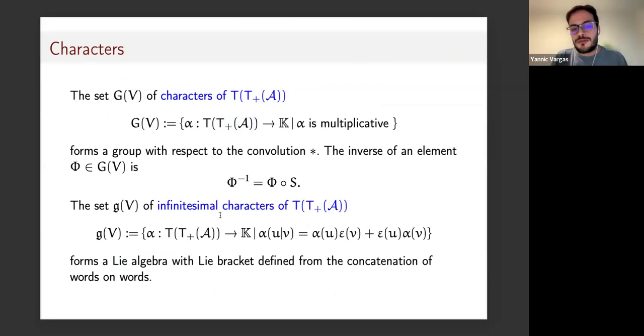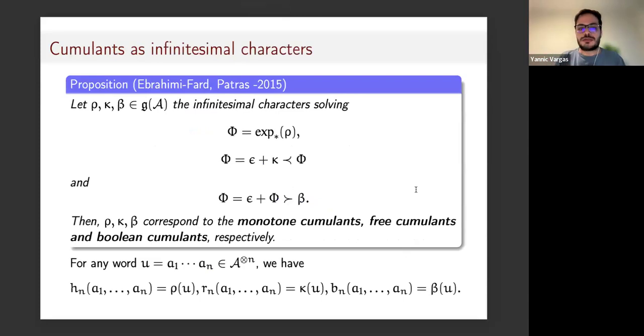Okay, there is another more subtle set of characters called infinitesimal characters, which satisfy this property. Just for people who know about differential geometry, the set of characters is a group, and the infinitesimal characters form a Lie algebra, the Lie algebra associated to this group. Now here is the relation.